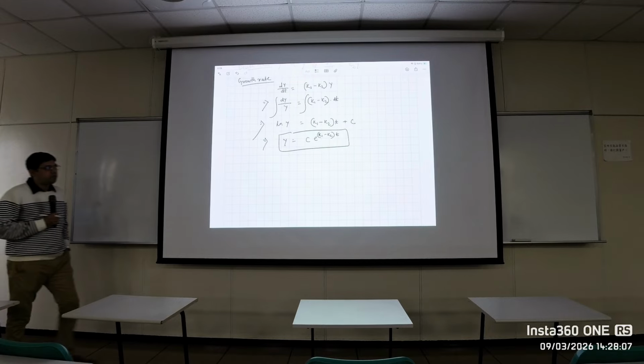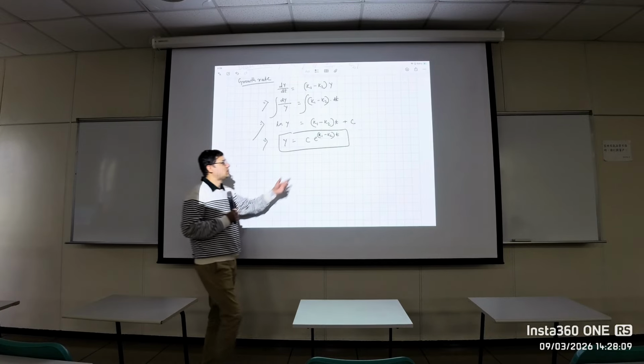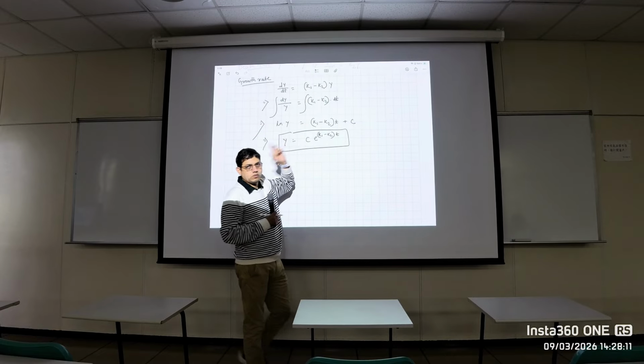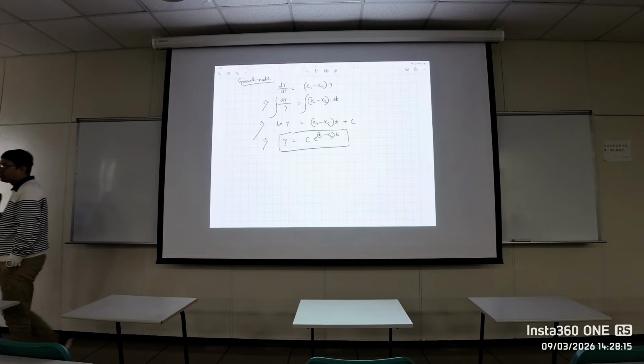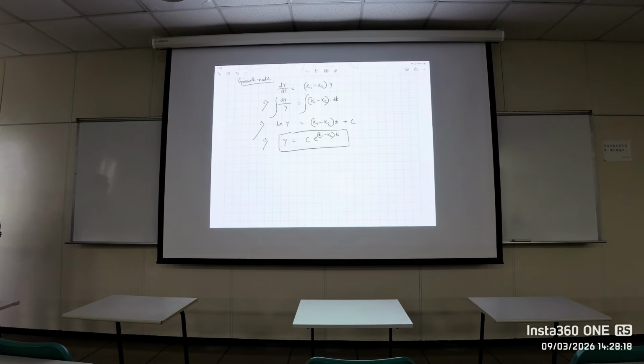You can see the population growth function with respect to time. If there is any initial condition, then we can also put that in to find out the value of c.